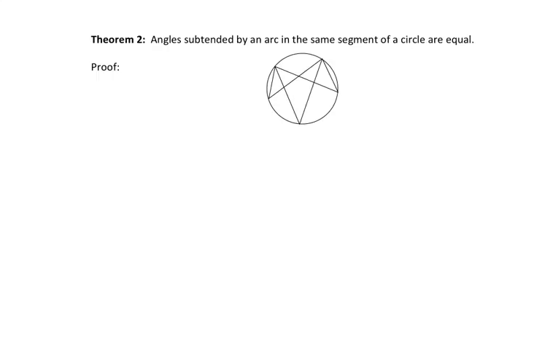Okay, angles subtended by an arc in the same segment of a circle are equal. Let's think about this. Angles subtended by an arc, so traced out by an arc. If we look at one arc, I'm going to go from this point to this point. Here's the arc. So angles traced out by that arc. Here's one angle.